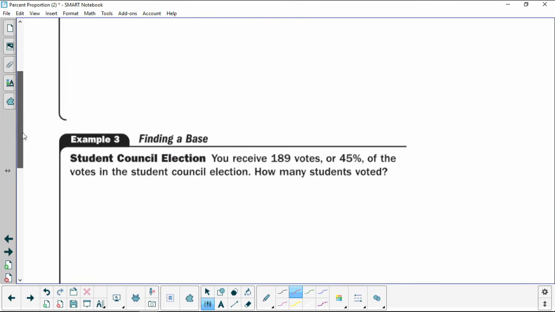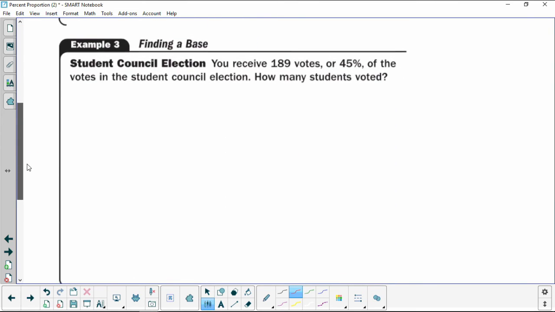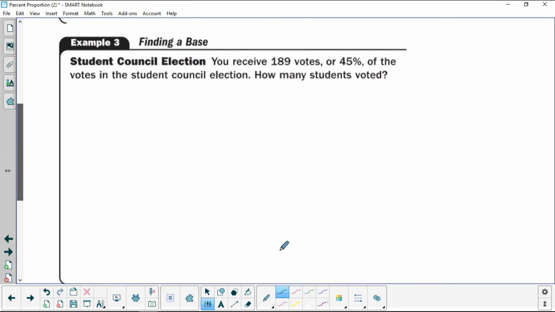You can use the same idea to find the base. There's 3 things you can be missing: the percent, the part, or the base. So if you receive 189 votes, that's 45% of the votes in the student council election. We're going to try and figure out the total number of students who voted. We're looking for the total.